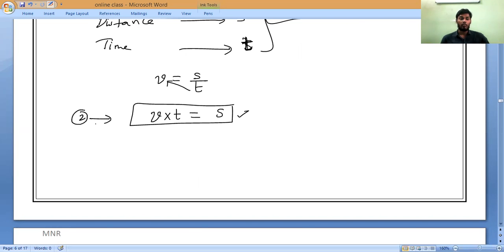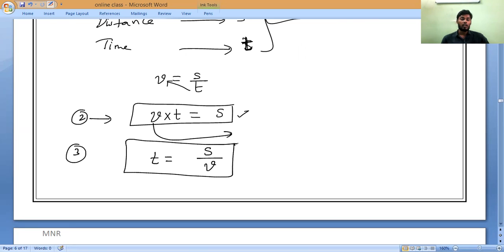This is the second formula. Now the third formula: speed is in multiplication, so it will come to this side and become division. So distance by speed will always give you time. These are the three formulas you have to understand.